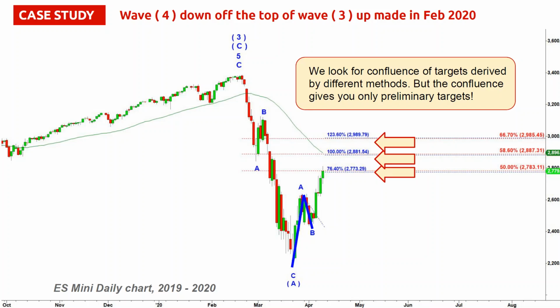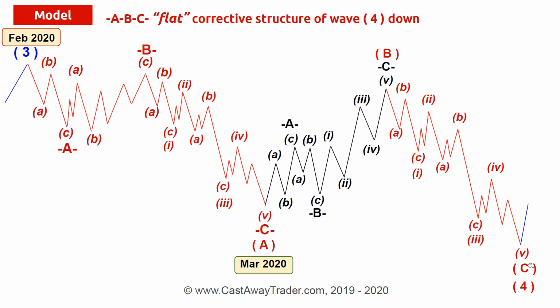So if we assume that the first move down, that ABC, was only the first leg down in subwave A, you see that A, which is labeled in parentheses, we can assume that according to our fractal, we need to get ABC up before we get another leg down, a continuation of the move down in the final subwave C of wave 4.